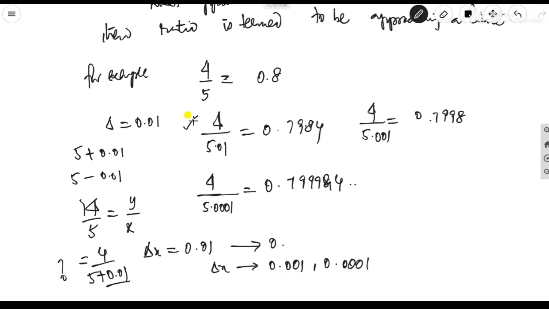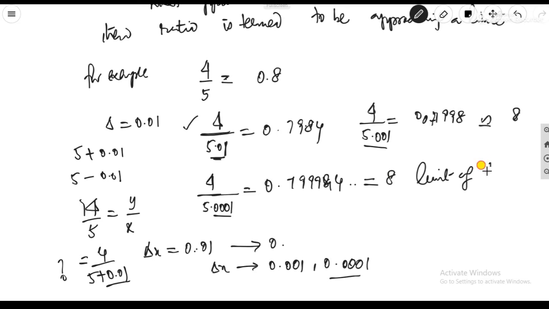This is the first ratio. When this delta x is reduced to 0.001 or smaller, this is again 0.77. That means it is approaching towards 0.8. But again, if you are still reducing, it is still near to 0.8. That means 0.8 is the limit of this fraction or this ratio. Okay, this is how we are defining it.